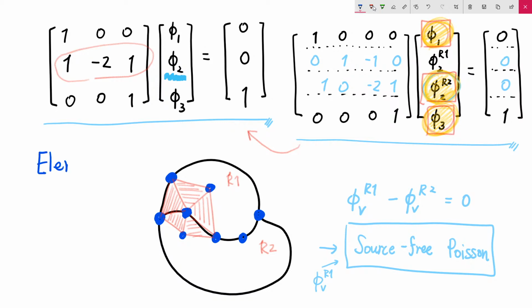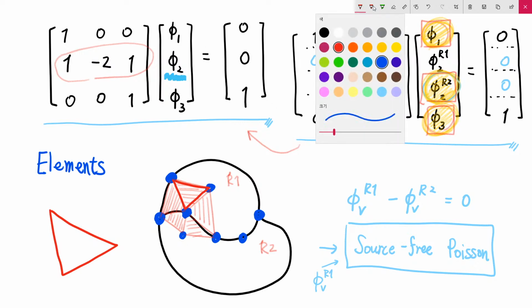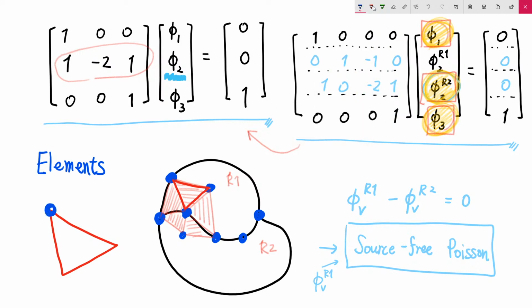But the point is, when you are looping over elements, for example, let's say that you are currently working on this element, then what will happen? You will just consider this a triangle, and yes, you can find nodes.